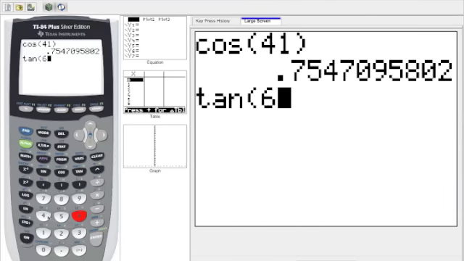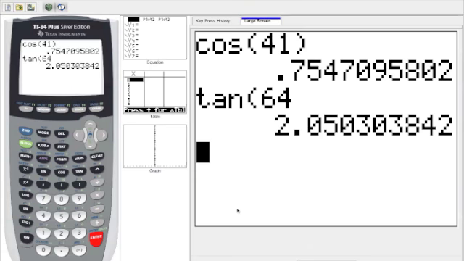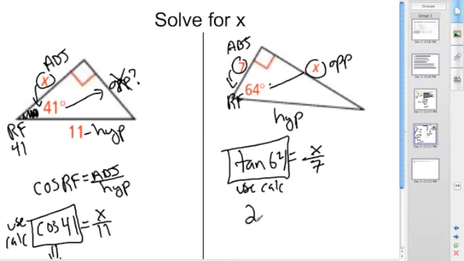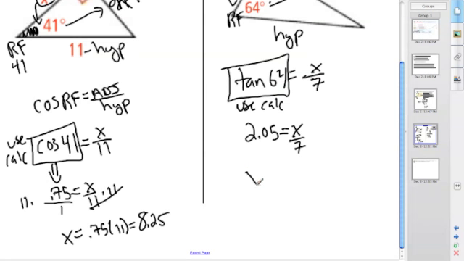Tan 64 is 2.05. So we have 2.05 equals x over 7. Therefore, x equals 2.05 times 7, which equals 14.35.